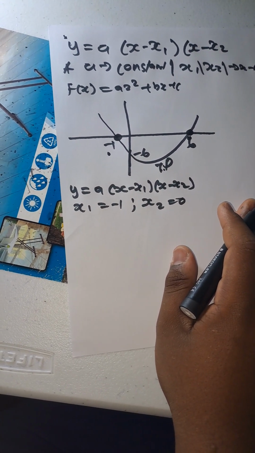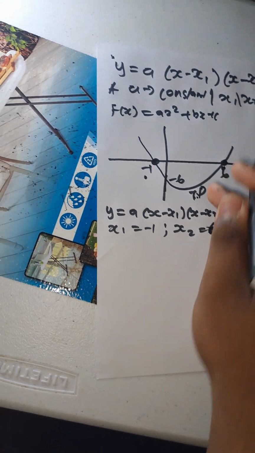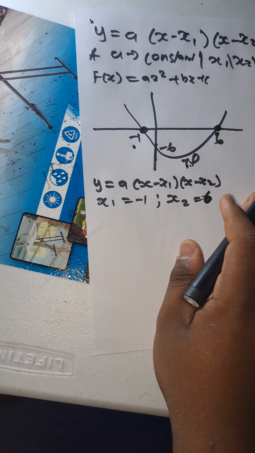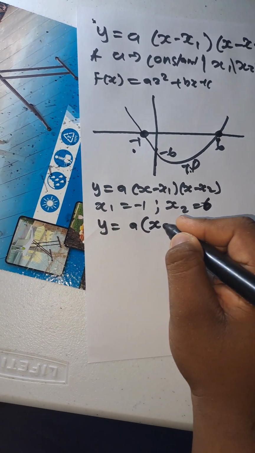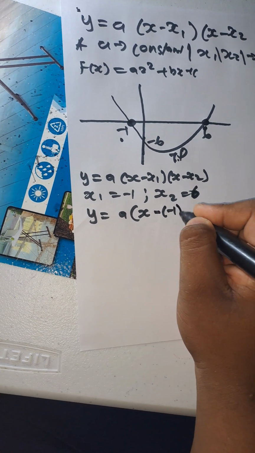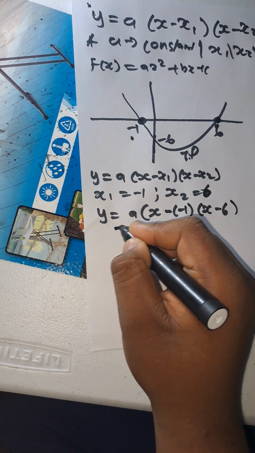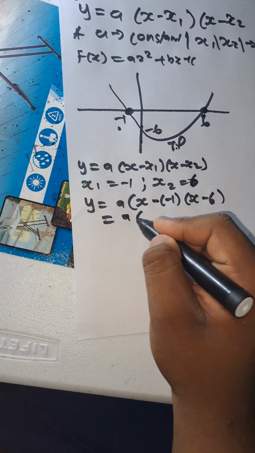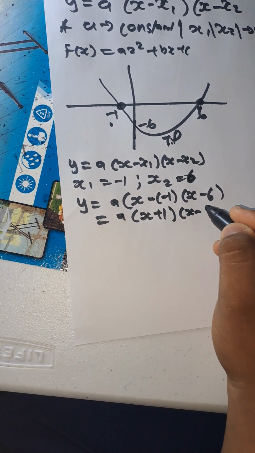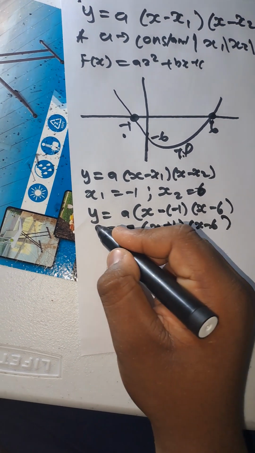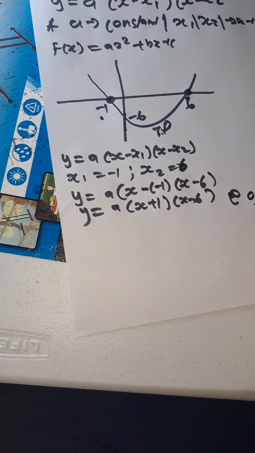And then let's substitute. Okay, oh see, it's 6, sorry, it's 6. So let's substitute now and find the value of a. So it's going to be y = a(x − (−1))(x − 6), which is y = a(x + 1)(x − 6), at the point (0, −6).